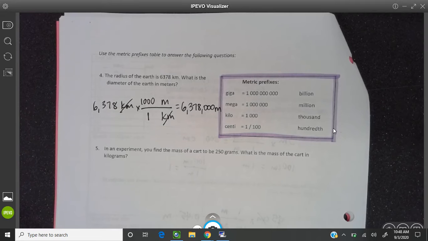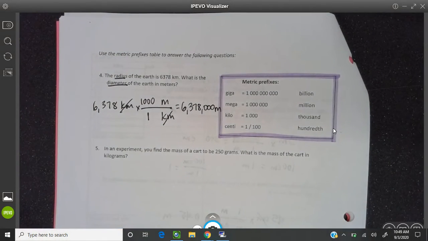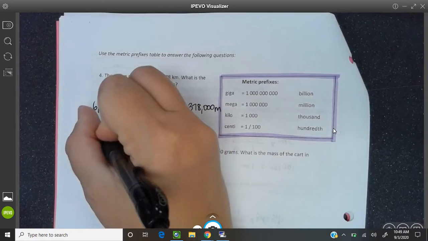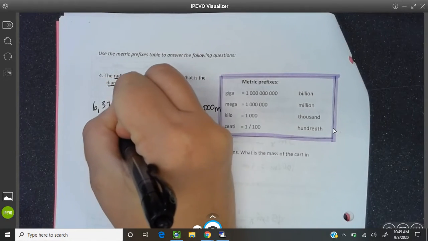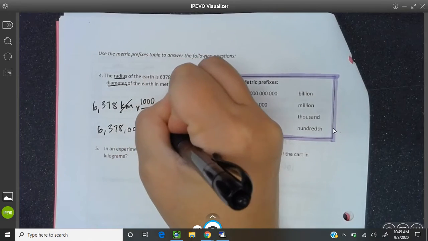Sam. Oh, you were right. So we were given the radius, and we have to find the diameter. So what do we have to do? Multiply by 2. Right? So we're going to take 6,378,000 meters times 2.